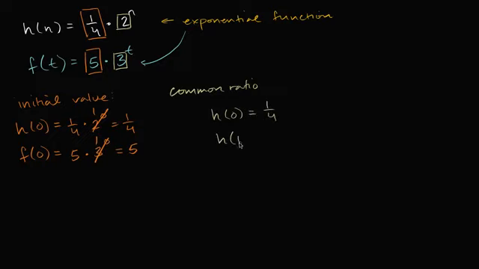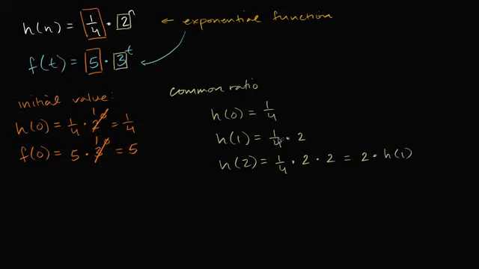Now what is h of 1 going to be equal to? It's going to be 1/4 times 2 to the first power, so 1/4 times 2. What is h of 2 going to be equal to? Well, it's going to be 1/4 times 2 squared, so times 2 times 2. Or we could just view this as 2 times h of 1.